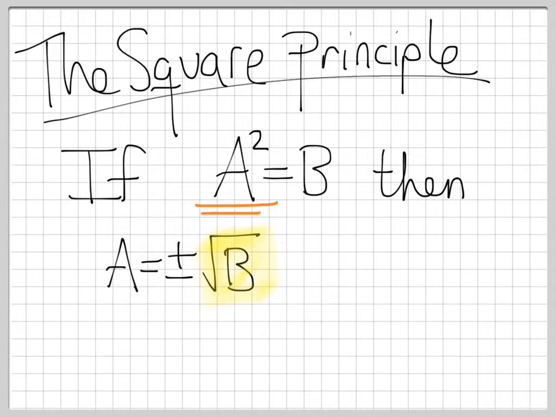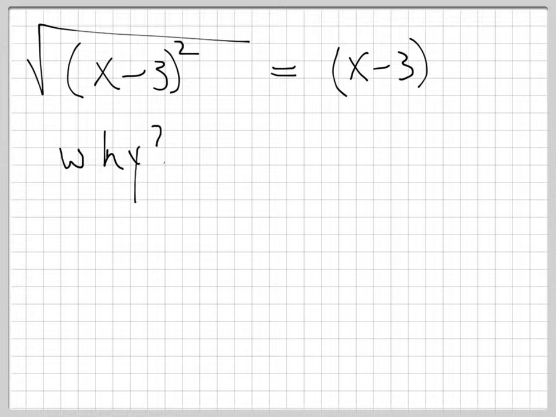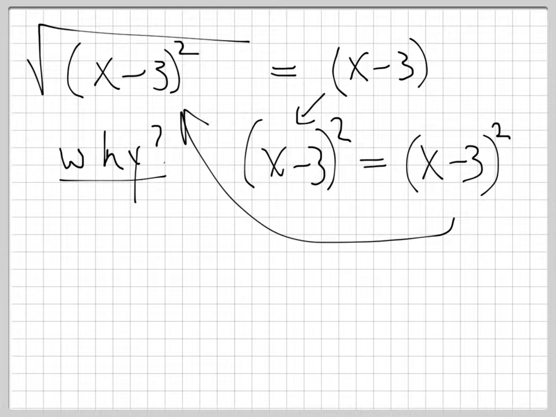Here we have (x minus 3) squared, so we're going to get x minus 3. We can do our why again. The reason is that the square root of (x minus 3) squared equals x minus 3. So that's basically it.